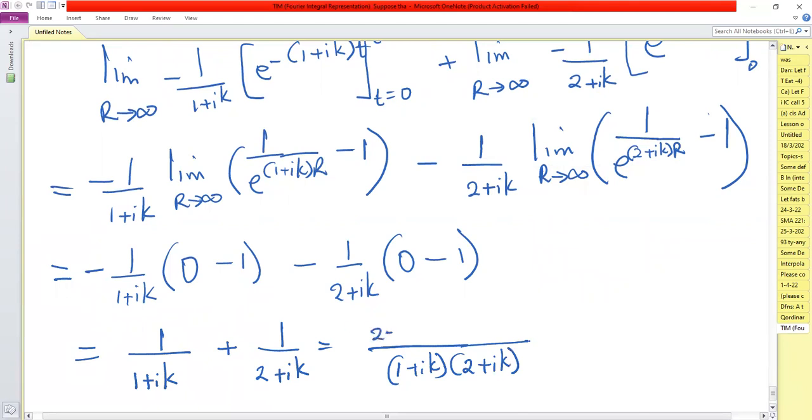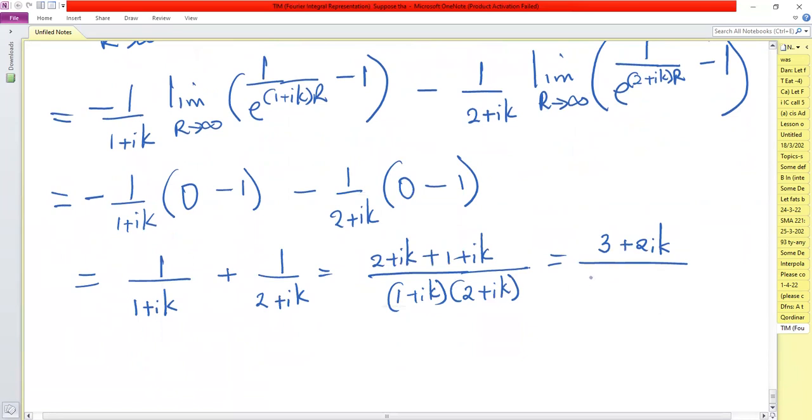So this will be (2+ik) plus (1+ik), which gives us 2 plus 1 is 3, plus 2ik. In the denominator, 1 times 2 is 2, plus 1 times ik is ik, ik times 2 is plus 2ik, and then ik times ik: i times i is i squared, whose value is -1, and k times k is k squared, so it will be negative k squared.